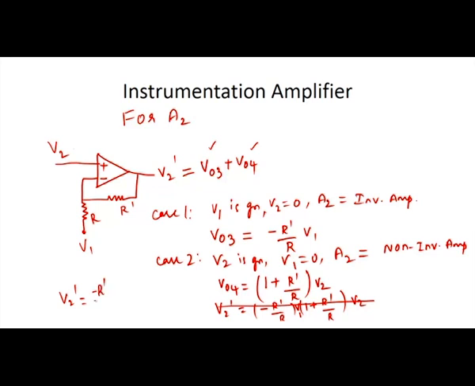It is minus R dash by R into V1 plus 1 plus R dash by R into V2.